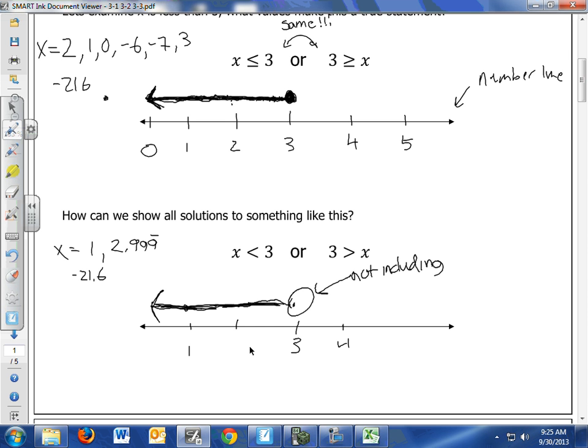So we're not including in this situation 3. But we have every single number up to 3. Like 2.999999, 2.9, 2.89. All of these numbers really close to 3 are possible solutions, but 3 isn't, so we say not including 3. Okay? Do you see the difference? Good. Let's move on.